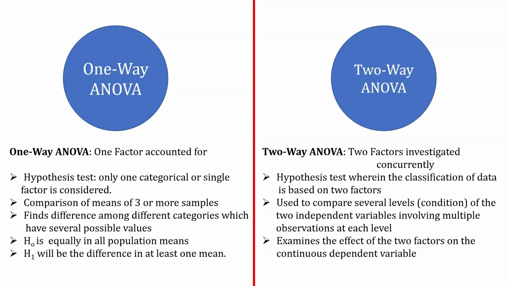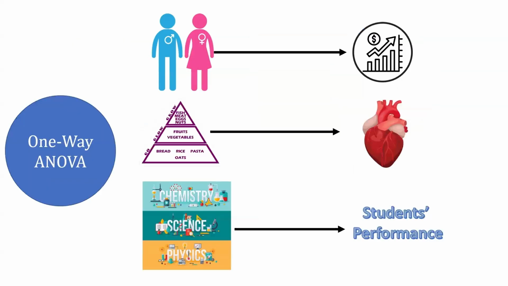However, in two-way ANOVA, there are two factors investigated concurrently. The hypothesis test, wherein the classification data is based on two factors. And then it is used to compare several levels, or also known as conditions, of the two independent variables involving multiple observations at each level. And it examines the effect of the two factors on the continuous dependent variable.